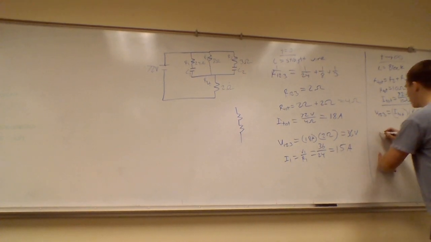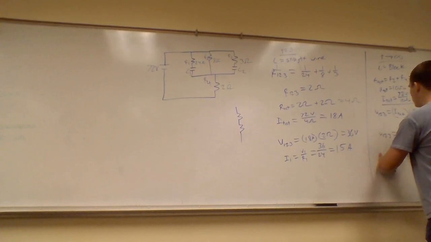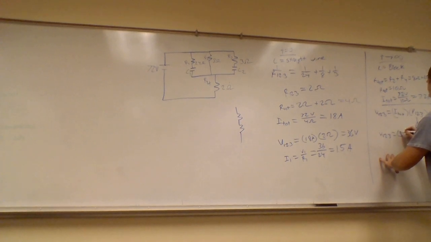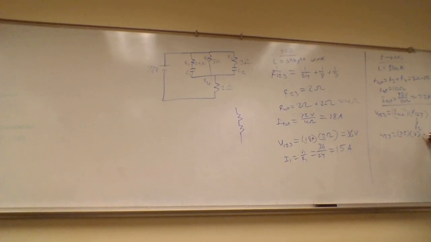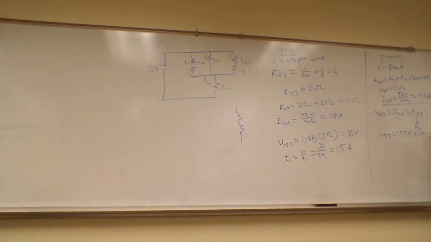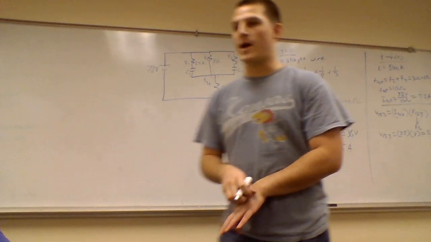So V123 equals 7.2 times 8, which equals 57.6 volts. And that's the answer.